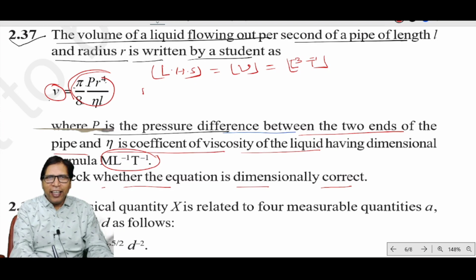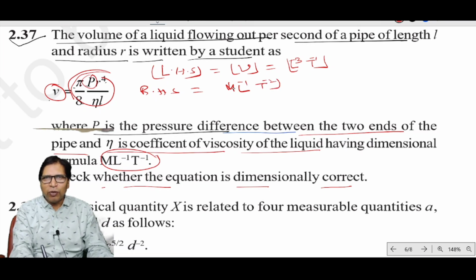Look at this, here RHS. Now look at this, pi is a number, no dimension. Then P, the dimension of P is M L minus 1 T minus 2. Now this is r to the power 4, so this is L to the power 4. Divide by 8, a number, no dimension.